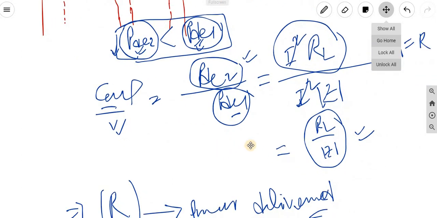This power factor is obviously between 0 and 1. It is not more than 1.